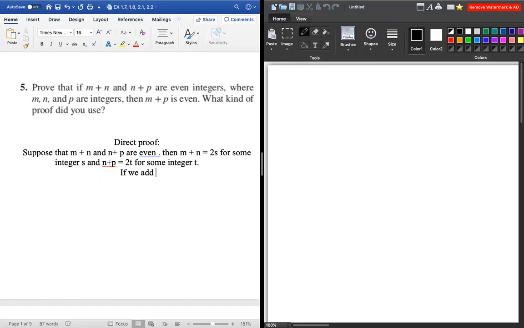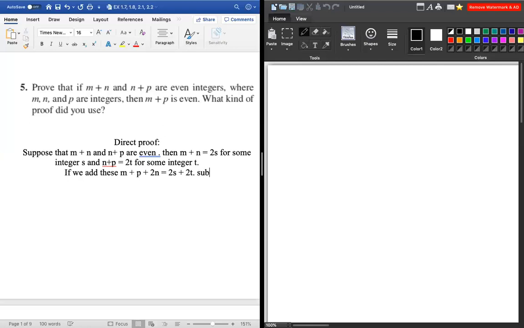If we add these, m plus p plus 2n equals 2s plus 2t, right? So if we add them together, it's like this.